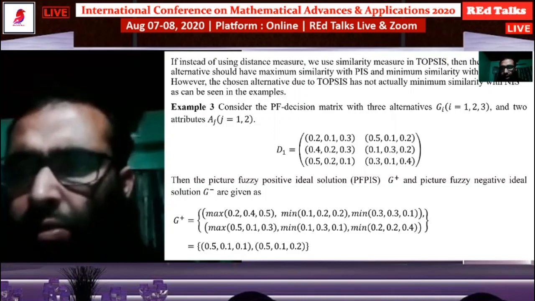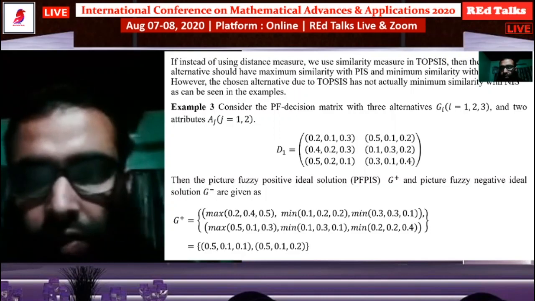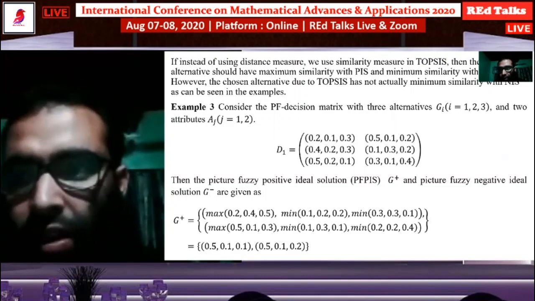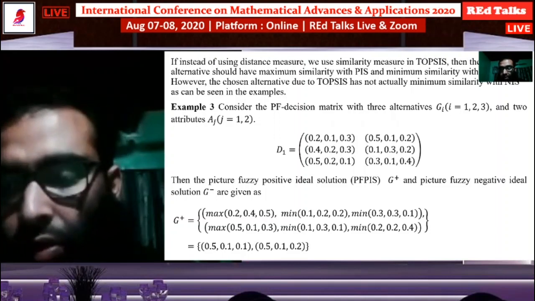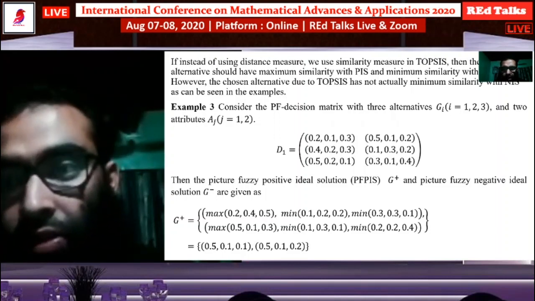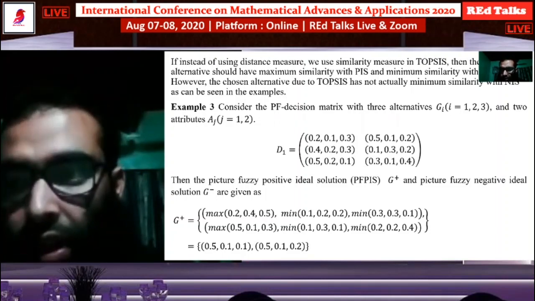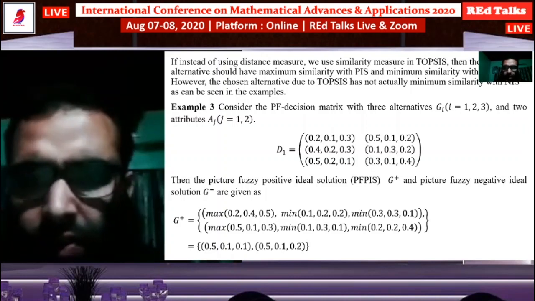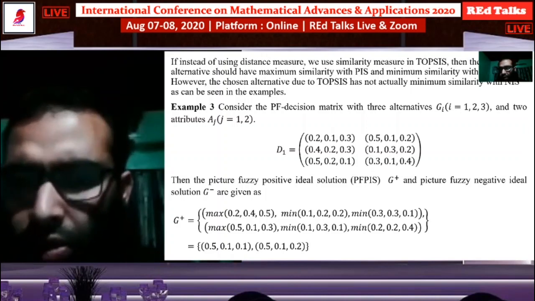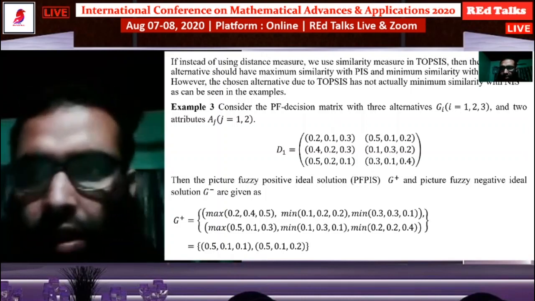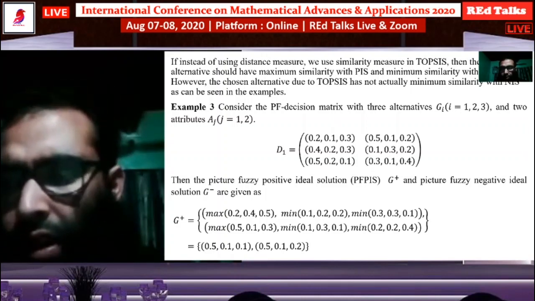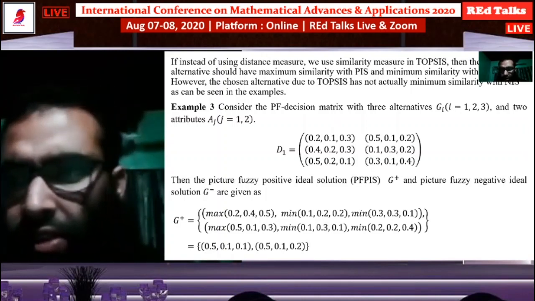What happens in the TOPSIS method is like this: when we have given the picture physics decision matrix, after that we have to convert it into a normalized picture physics decision matrix. That is done in this way: if all the attributes, or we can say all the criteria, are of benefit type, then this decision matrix serves as the normalized decision matrix.